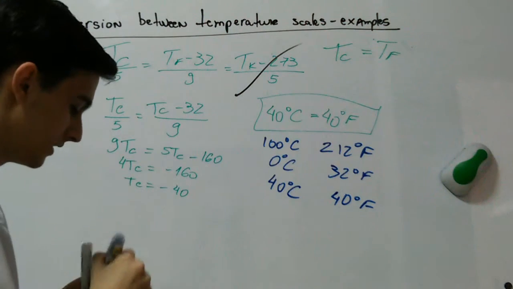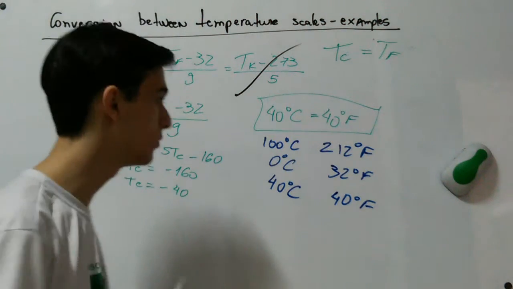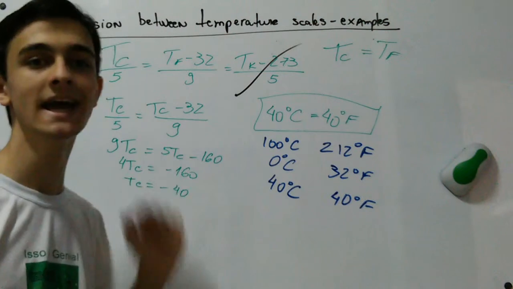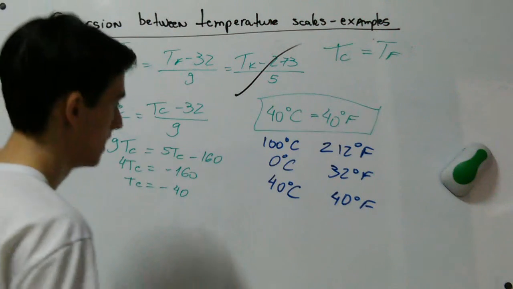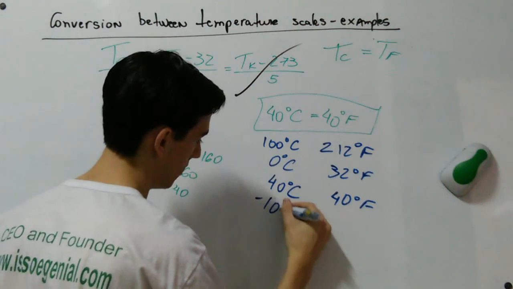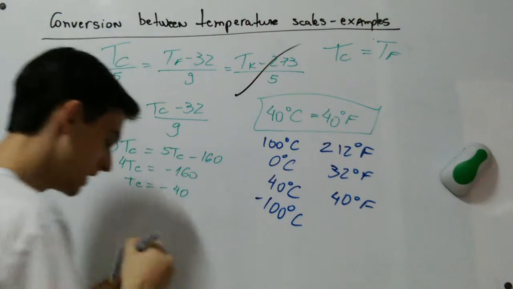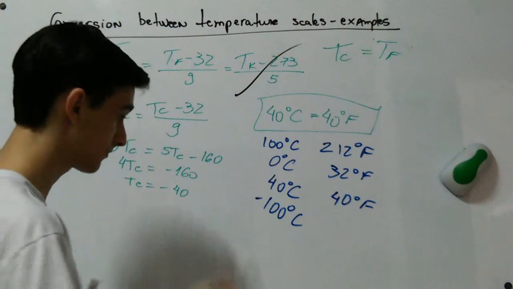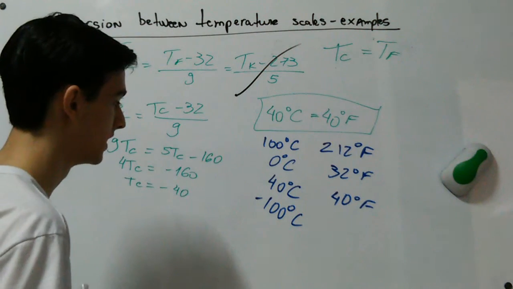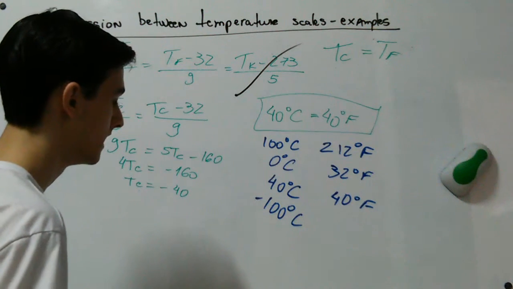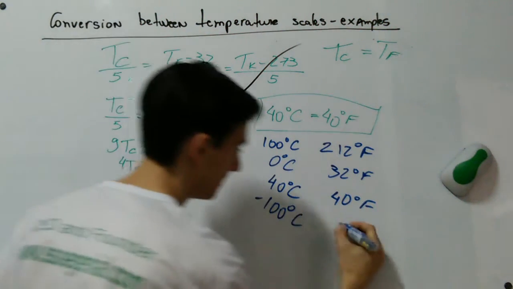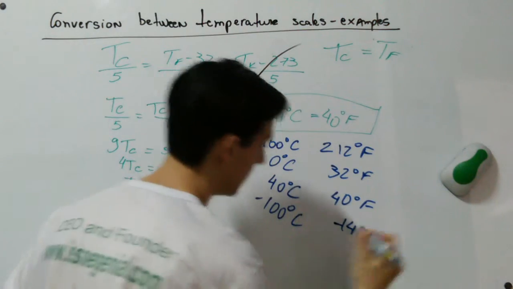And let's just think about one more number, for example, negative 100 degrees Celsius. If you have negative 100 degrees Celsius, the value of this temperature in Fahrenheit is negative 148.